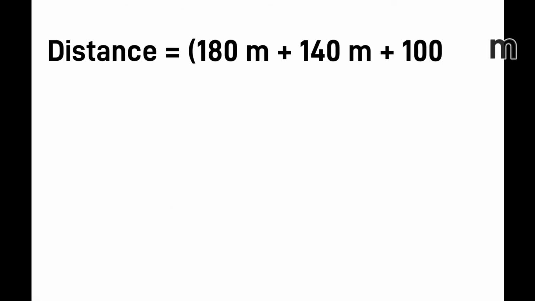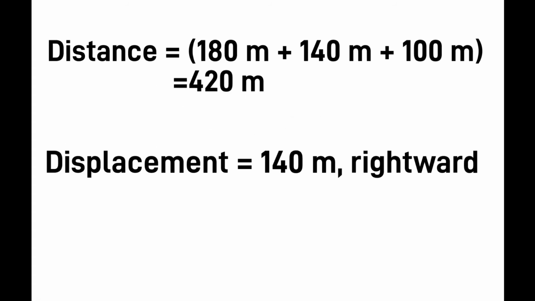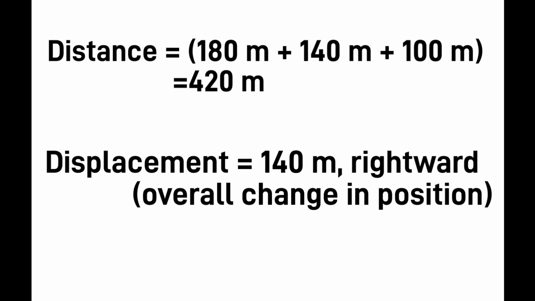The distance is simply the sum of 180 meters, 140 meters, and 100 meters, which is 420 meters. On the other hand, the displacement is 140 meters rightward, since it is the object's overall change in position.